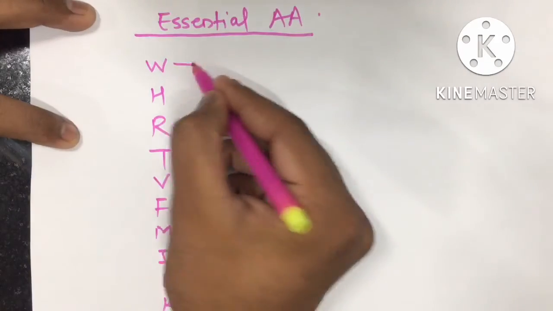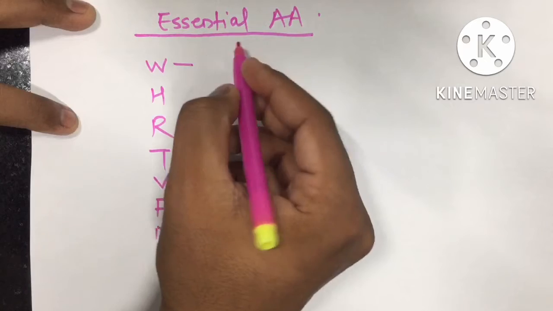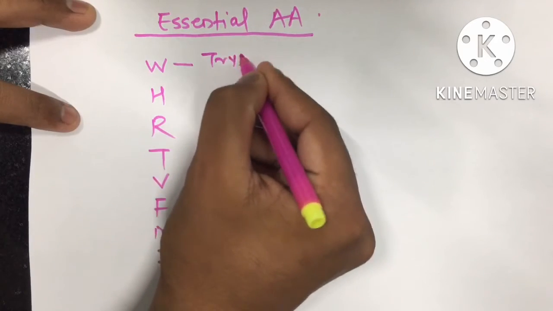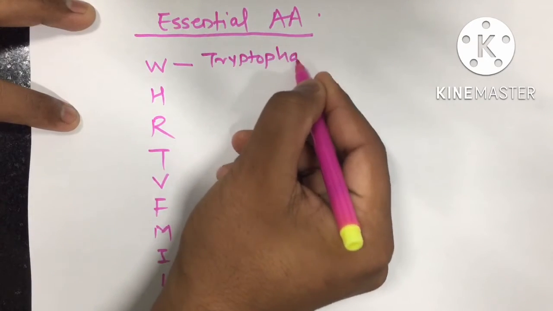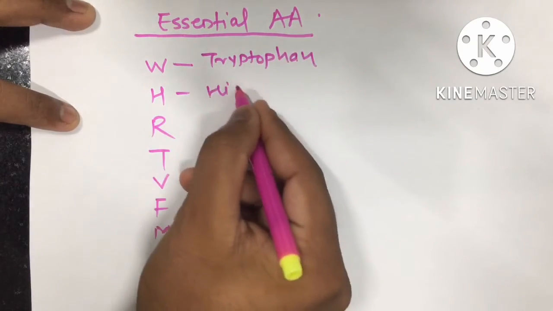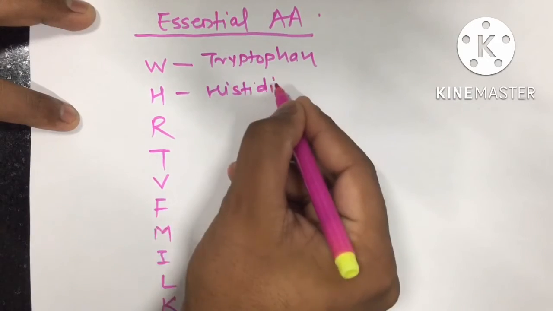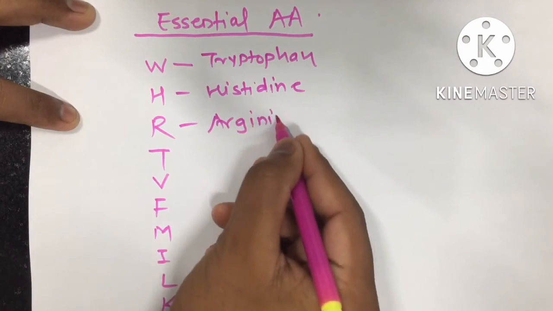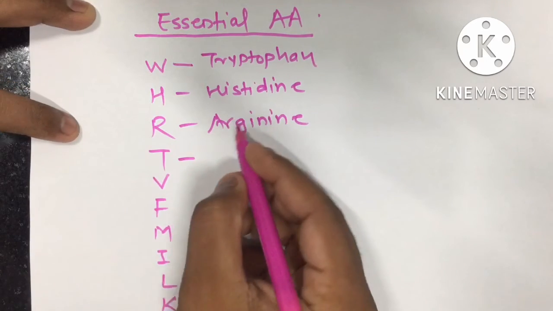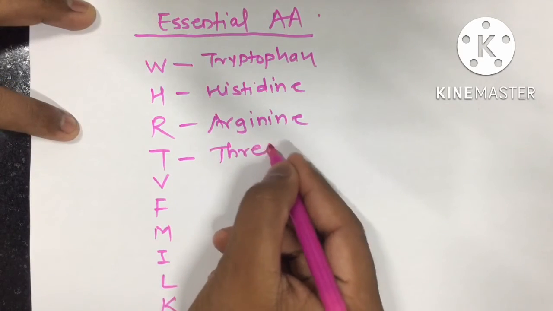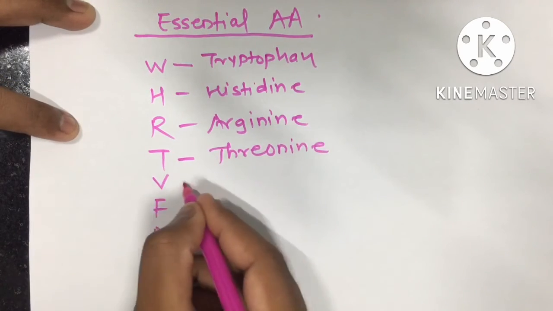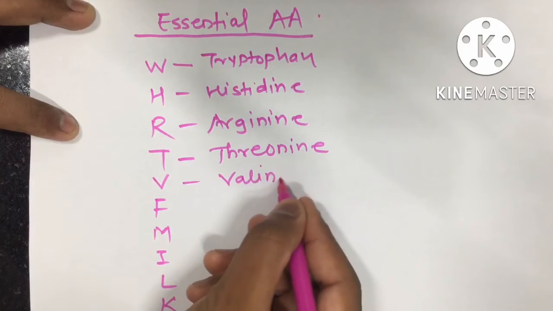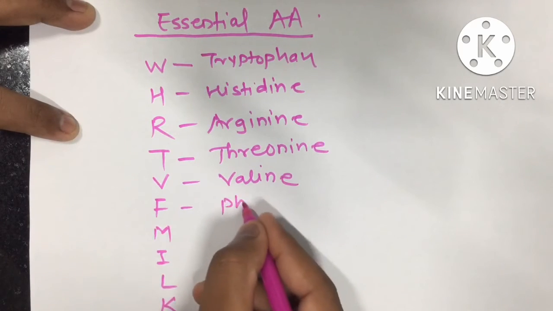What is W? W is tryptophan. H for histidine. R for arginine. T for threonine. V for valine. F for phenylalanine.